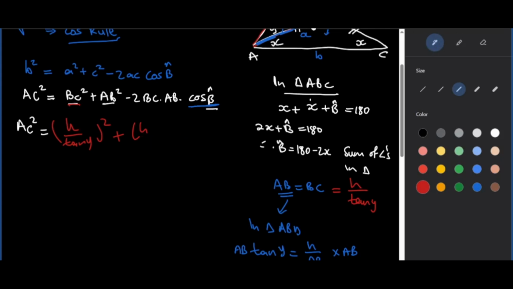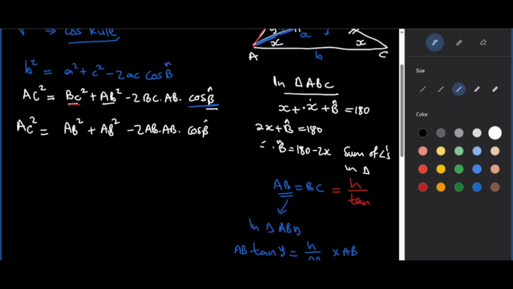Then that's when you're going to say, oh, you know, these two, AB and BC, are equal. So since they are equal, I can write this as what? AC squared is AB squared plus AB squared minus 2BC times, okay, I'm just going to substitute it again. So it will be AB times AB, they are the same thing.